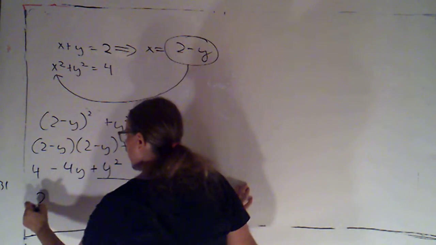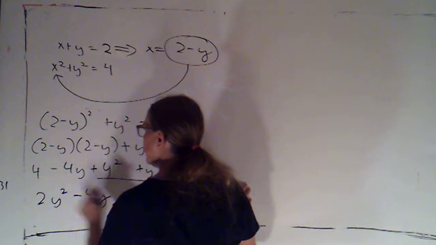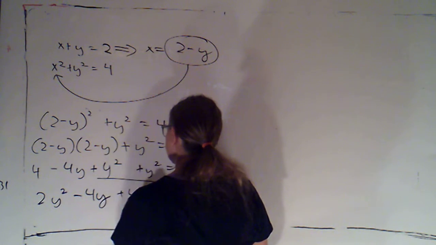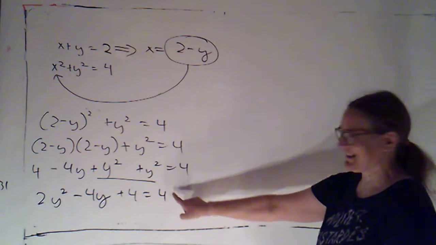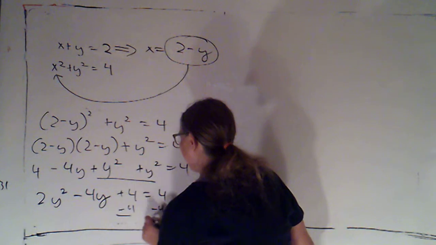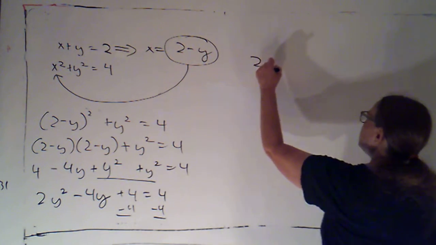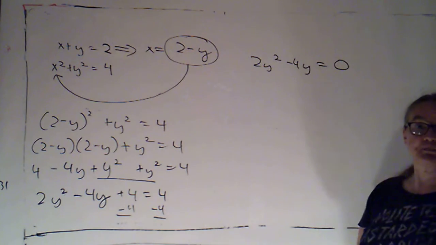So we've got 2 copies of y squared minus 4y plus that 4 is equal to 4. And this is very nice because I know I want to move that over to set it equal to 0, but that's going to just cancel out. So we've got 2y squared minus 4y equals 0.